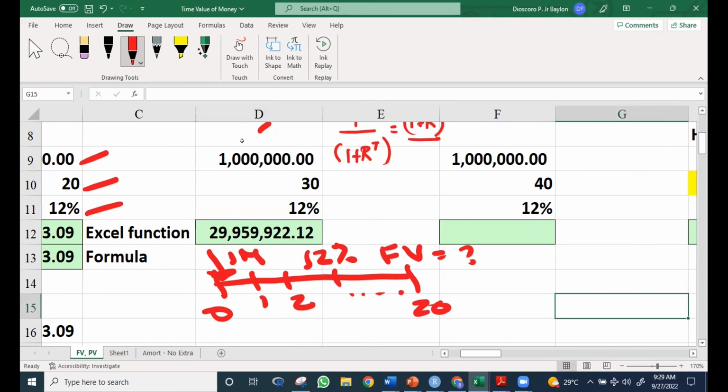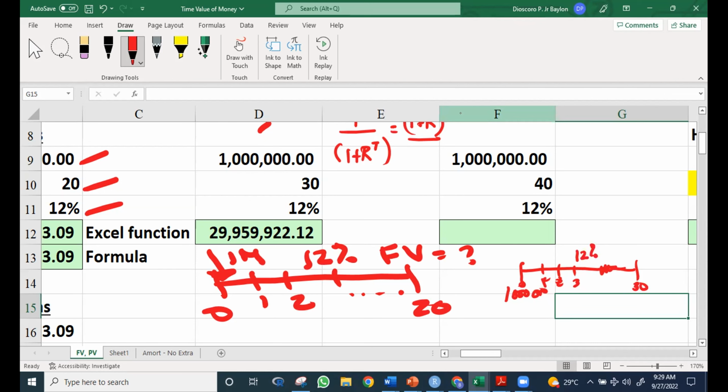So these are just equivalent values, which means if I, for example, plot this, now we have 1 million. This is 0, 1, 2. This is our timeline up to year 30, earning at 12%.